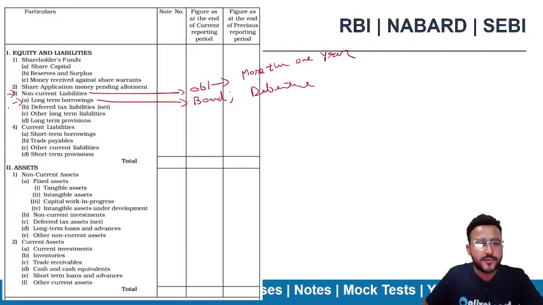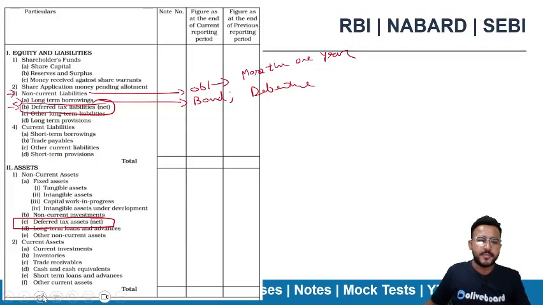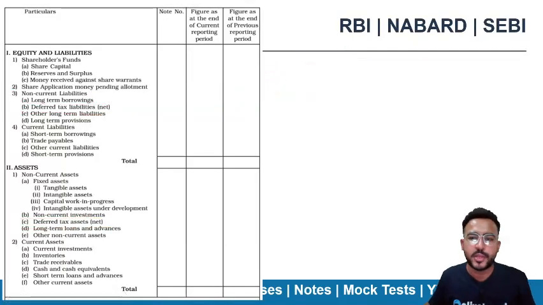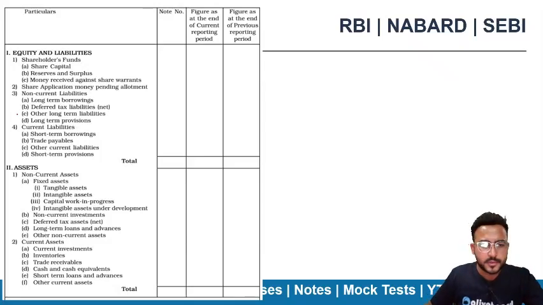We do have deferred tax liabilities, and you can see deferred tax asset also on the asset side. Here it is. Okay, we'll talk about it in the coming few minutes. I'll talk about what deferred tax asset and deferred tax liabilities are all about. Then we have other long-term liabilities. If you are not able to classify any liability above, then you can mention it in other long-term liabilities.